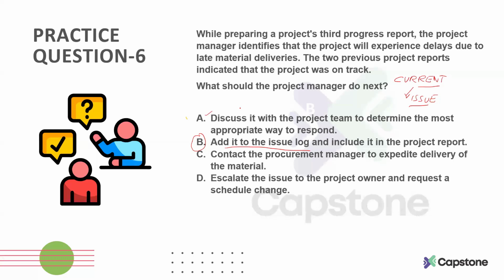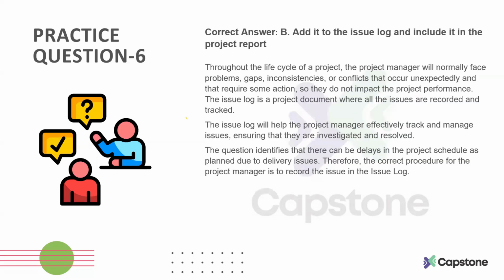The question is asking about the first step, whether it is written as what to do next or what the project manager should do first. Both are the same thing. Your first step should be to update your issue log, and then you can move further in the process.